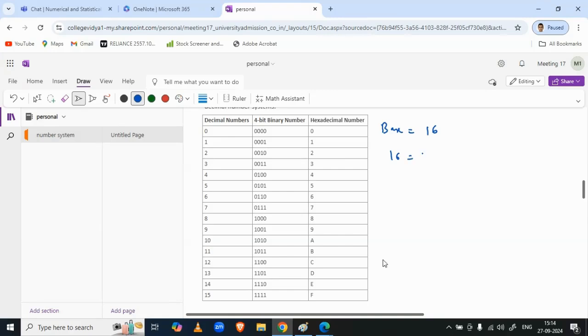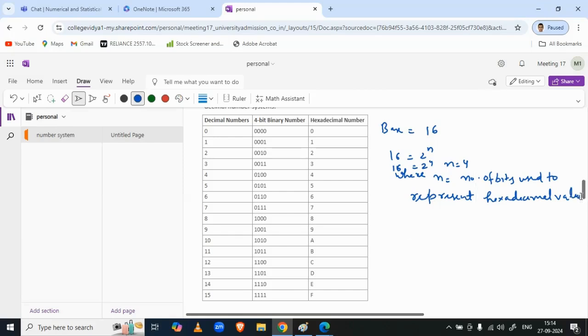So 16 is equal to 2 to the power 4, so n is equal to 4, where n is the number of bits used to represent a hexadecimal value. Okay, so this is the table shown in the figure.